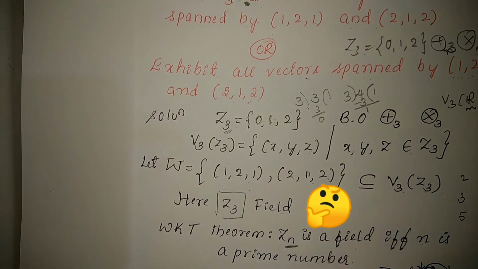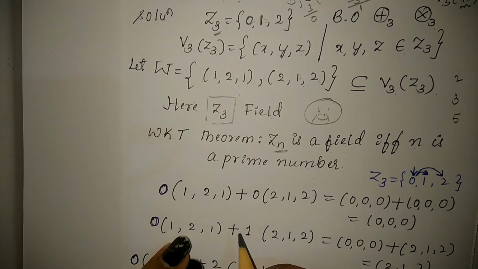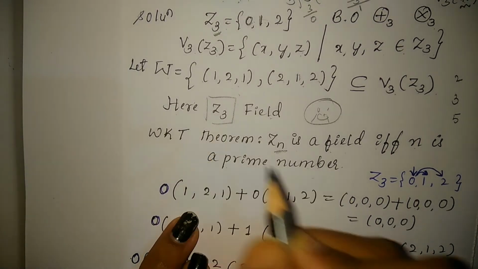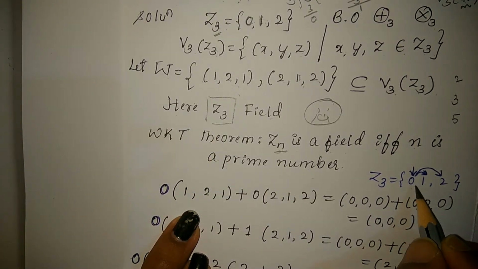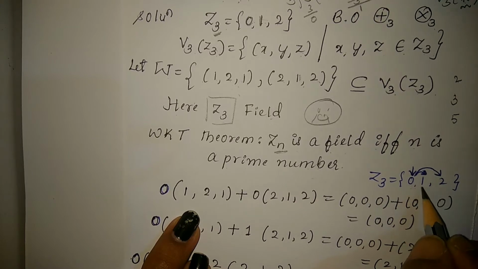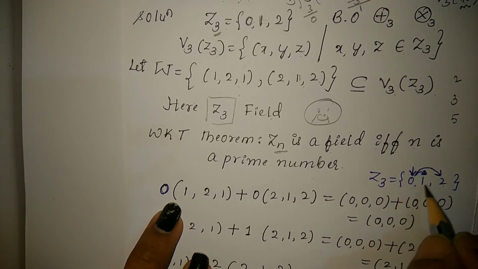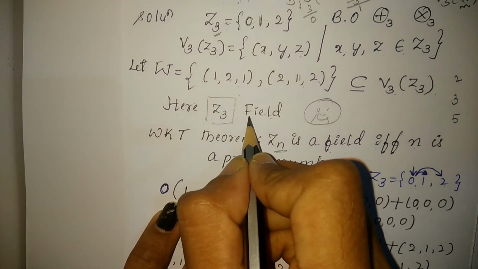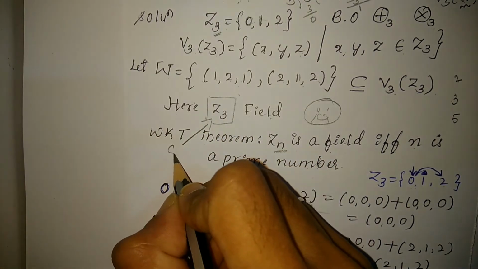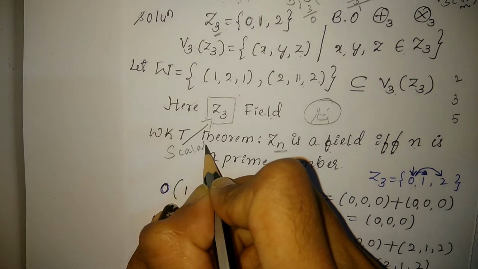Now, in Z3 we have 3 elements, namely 0, 1, 2. Since Z3 is a field, all the elements of Z3 are scalars.